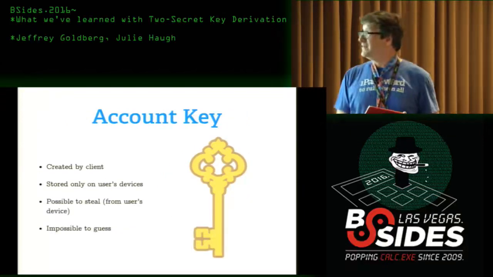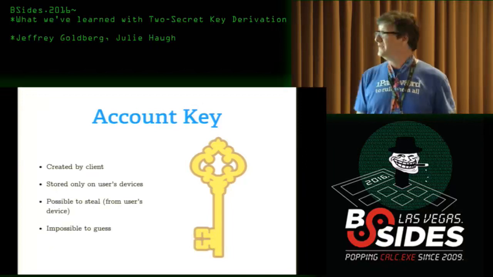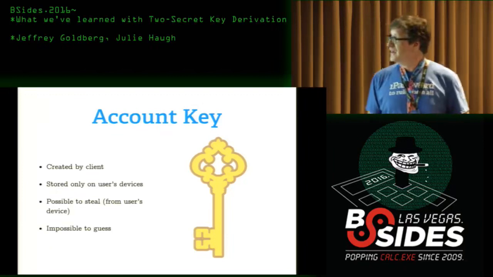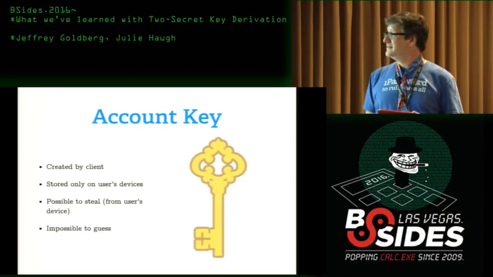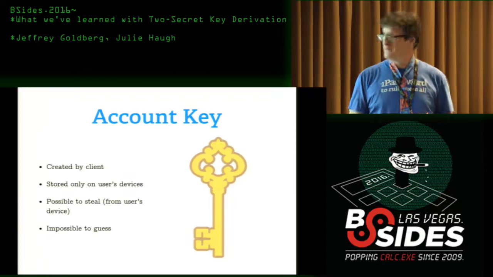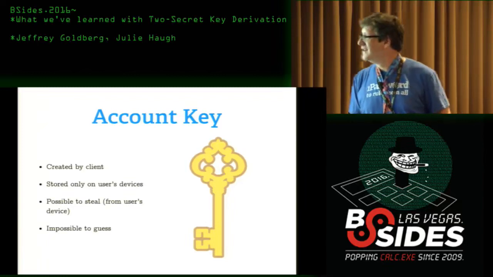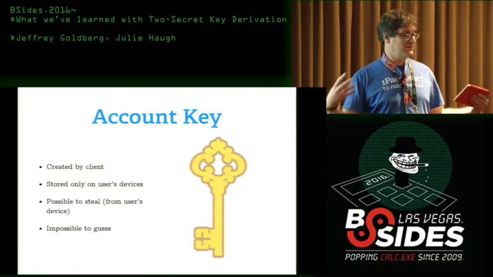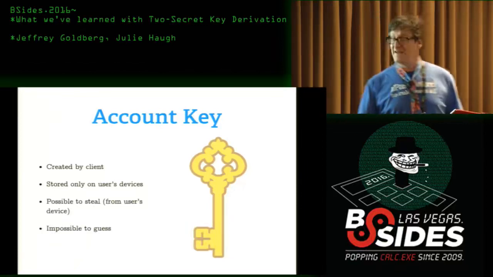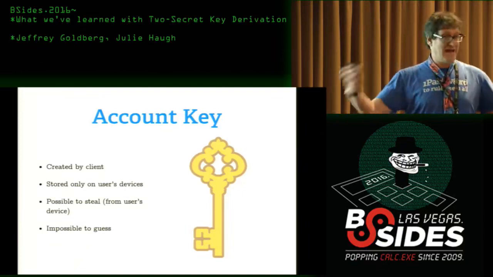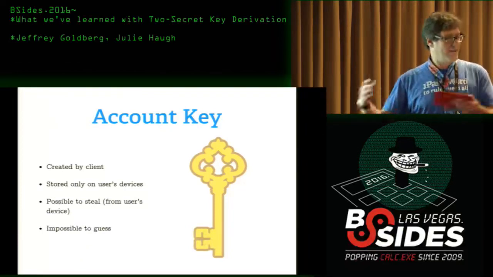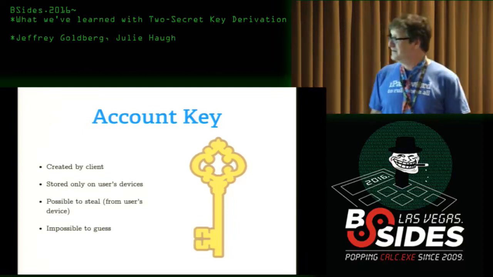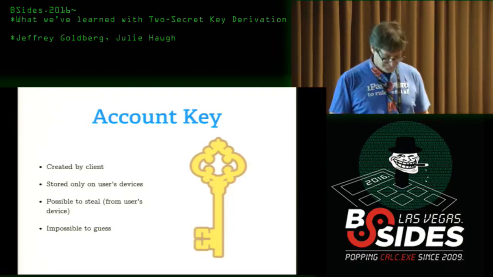Now, the account key is created randomly by the client, 128 bits. It is stored only on the user's device. It is possible to steal because it's stored on the user's device before they actually get their keys for encrypting their data, and it's pretty much impossible to guess.